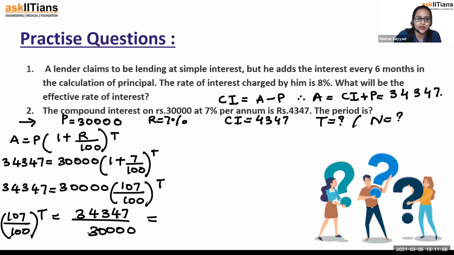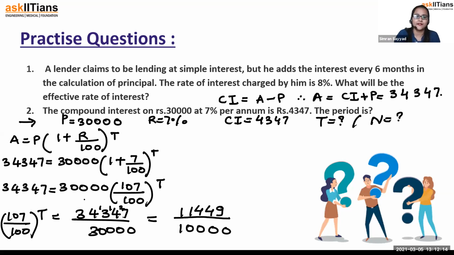If I divide this by 3, I get 10,000. 3 ones are 3, 3 fours are 12 carry 1, 3 fours are 12, 13, 14, and 3 nines are. So this is the ratio.